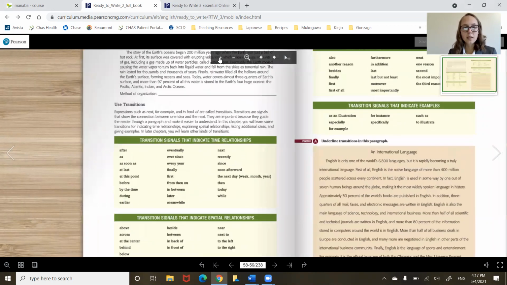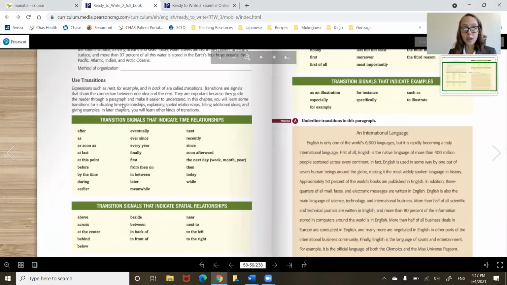Reading your writing, I noticed that a lot of you guys use transitions in your writing, which is great. One thing is I read a lot of first, second, third. So let's look at some different words that we can use in addition to first, second, third. Let's get some more vocabulary to make our writing a little bit more complicated and a little bit more interesting.